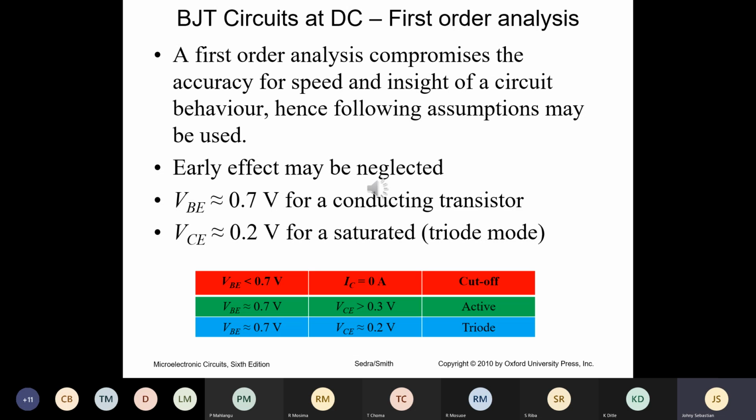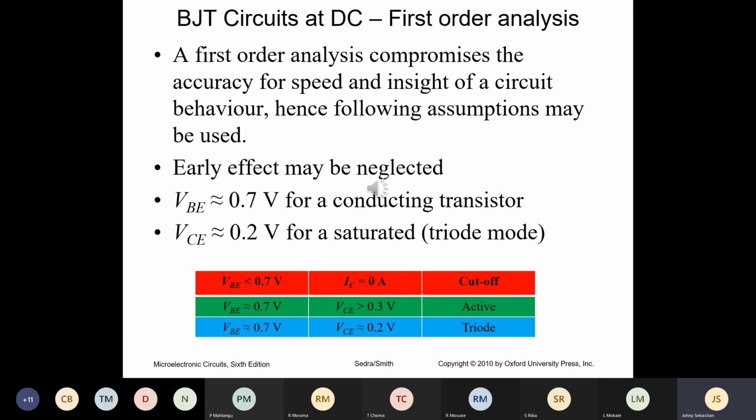VCE equal to 0.2 for a saturated transistor. And you can see those three lines, red, green, and I can't see the third one below. VBE less than 0.7, IC equal to 0 is cut off. VBE nearly 0.7 and VCE greater than 0.3 is active. And there is one more for saturation.